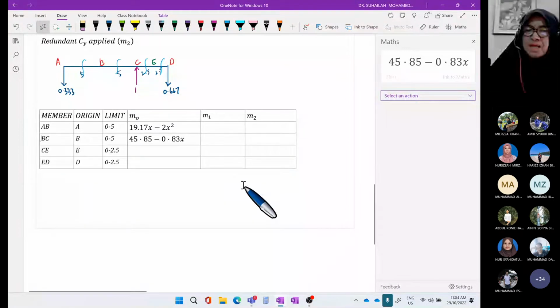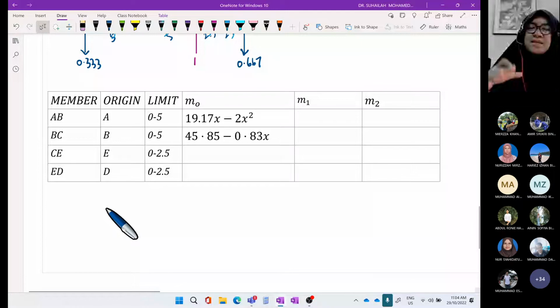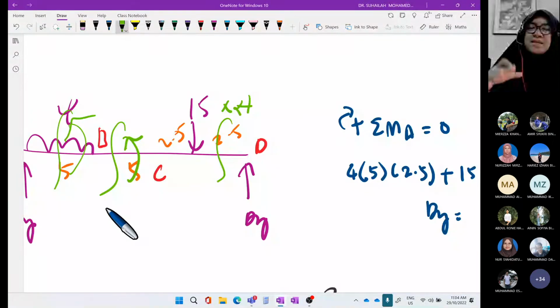Okay, now we write ED, origin D first. This is the cutting section. Since X is located at D, it means origin from the right. Origin from right means the moment direction is clockwise.